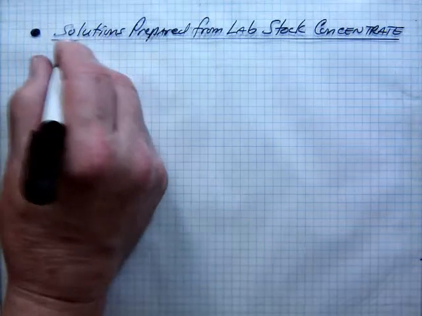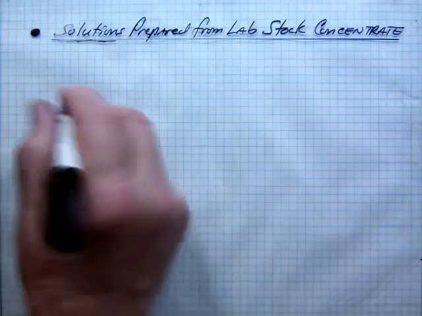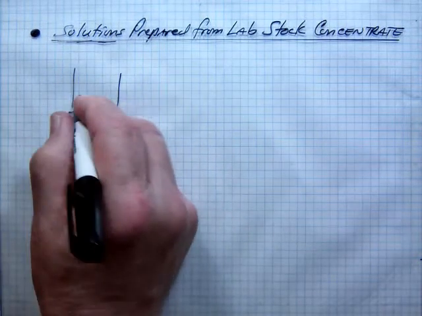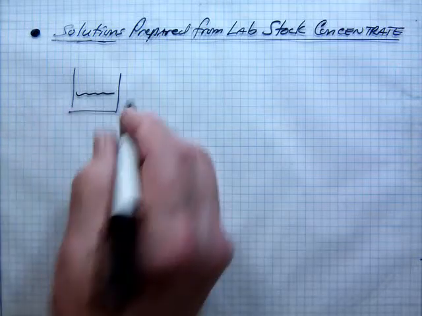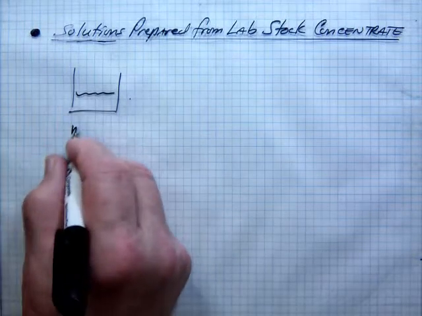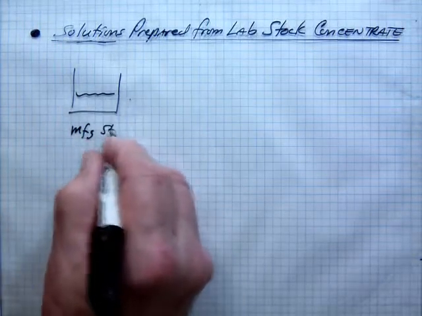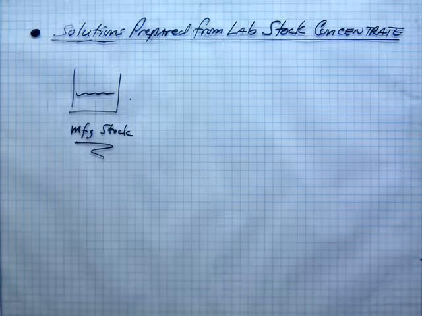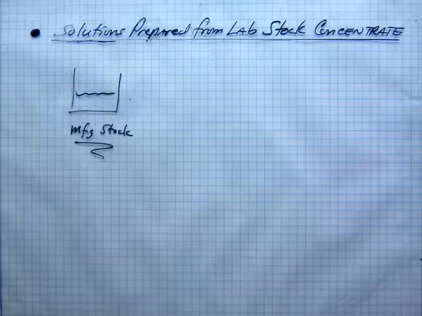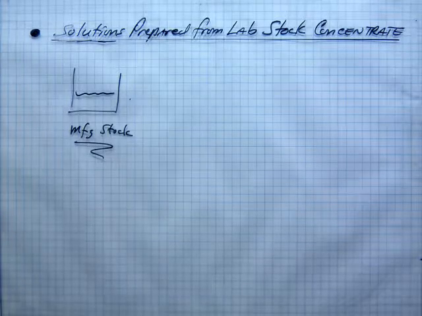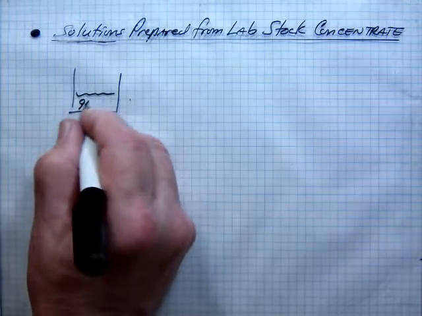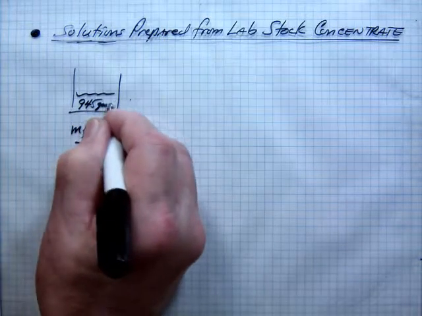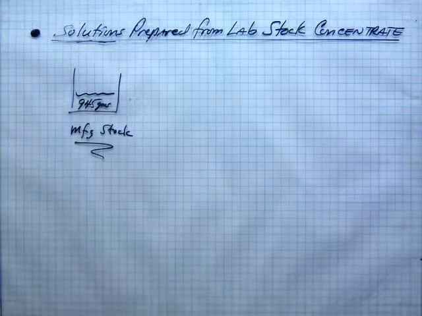In the idea of solutions, we start out with, say, a manufactured stock. Say you've got 945 grams of nitric acid.